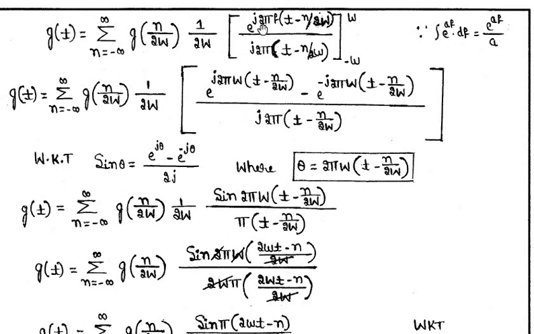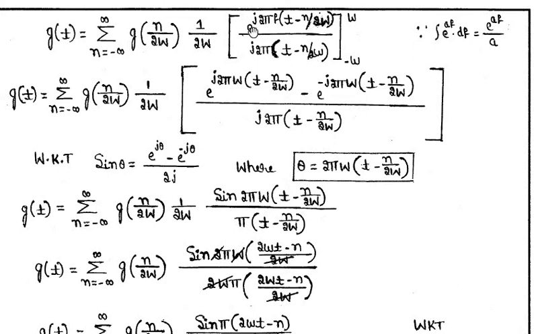Similarly, when I integrate this, e to the power j2 pi f t minus n by 2w divided by j2 pi t minus n by 2w. Next step is I have to substitute the limits w and minus w over here.